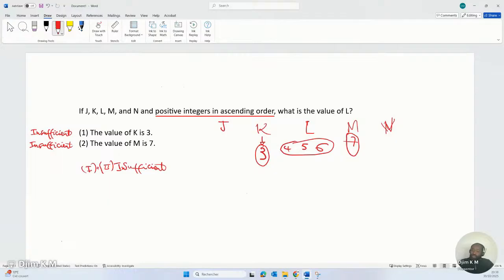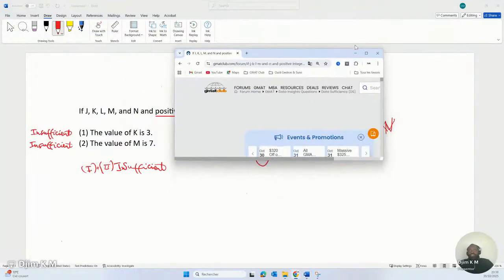So answer E should do the job just fine. So the correct answer is answer E.